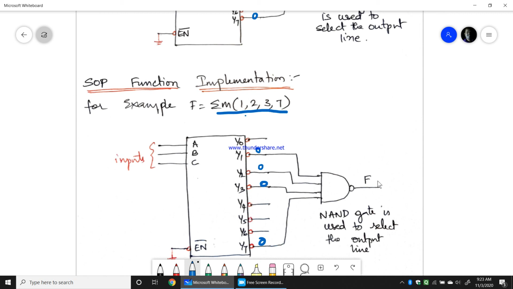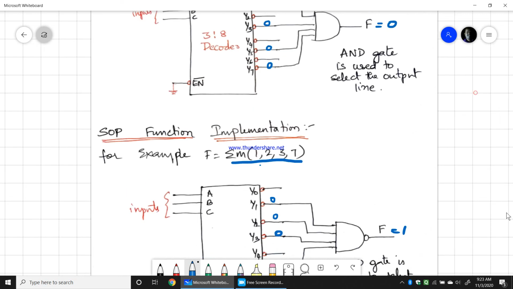So I need 1 now because it is a minterm SOP function implementation. I need the output to be 1 for these selected output lines, but they give 0 as input to the gate. Which gate can I use so that if any one input is 0, the output should be 1? For that a NAND gate is used. For a NAND gate, if any one input is 0, the output remains 1. This is how SOP function implementation is done.